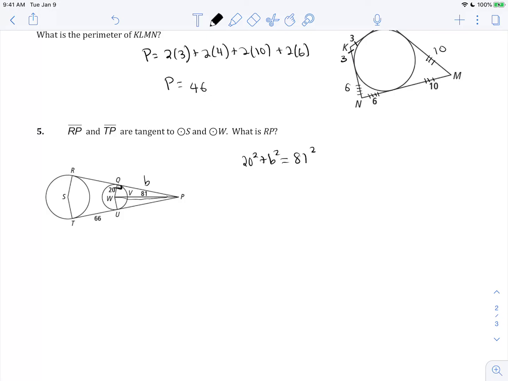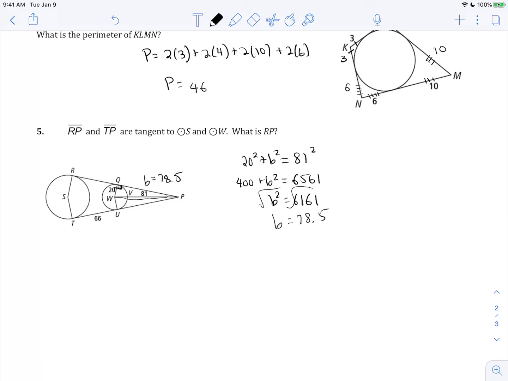I'd get 400 plus b squared equals 6,561. I'm going to subtract 400 from both sides and then square root both sides. So I get that b is 78.5.